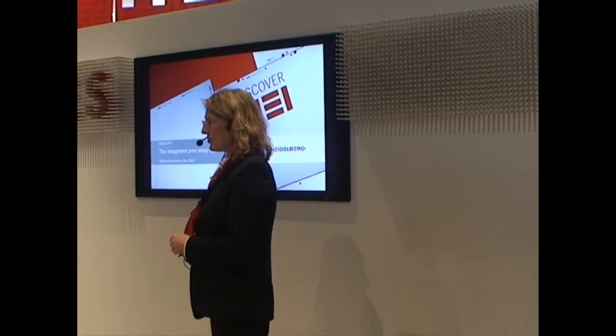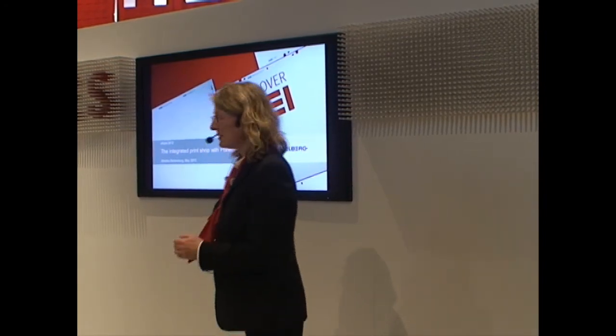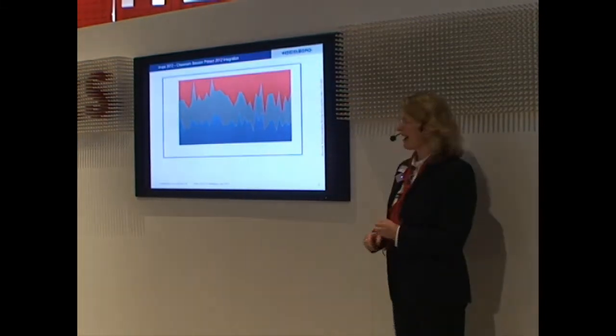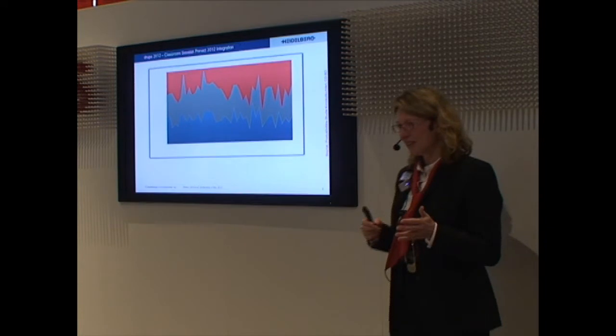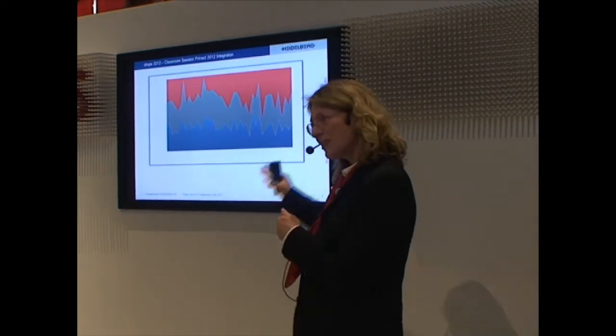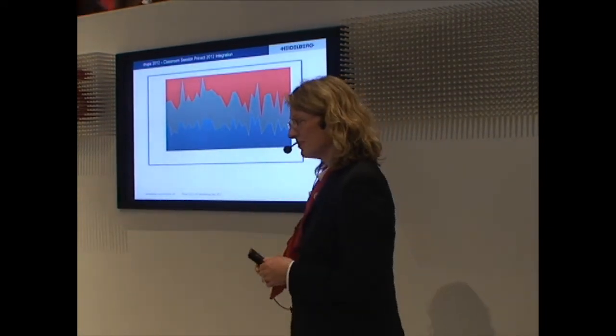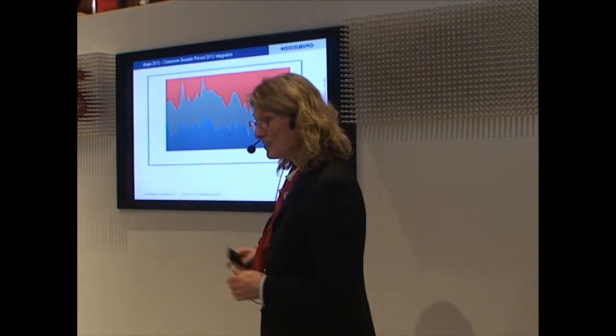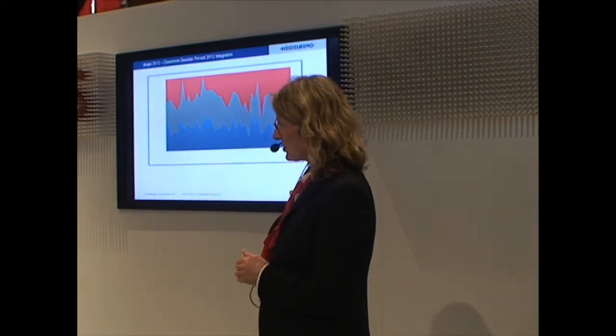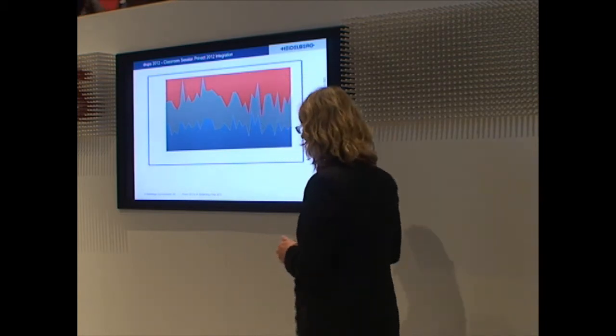I'd like to show you a picture first of all. And this picture basically is a graph. And I'd like to have a feeling if you have an idea what that could show. Except for mountains and valleys and fever curves. Any idea what it shows? No?